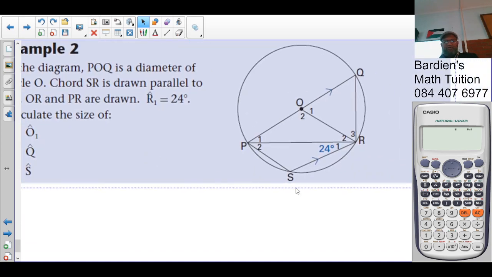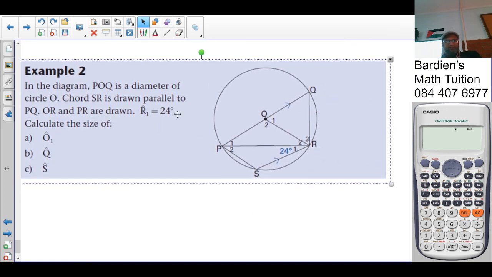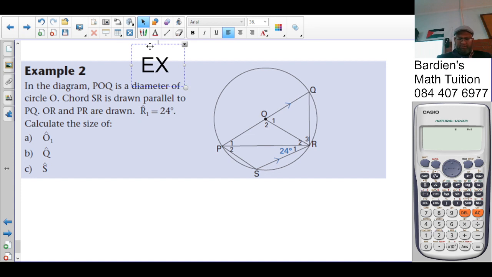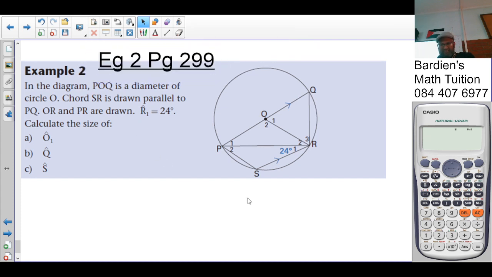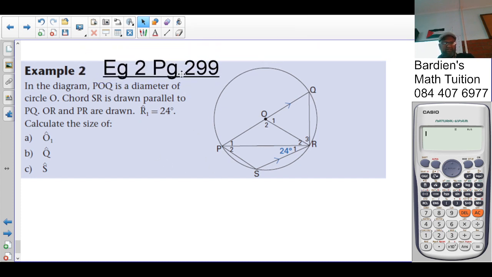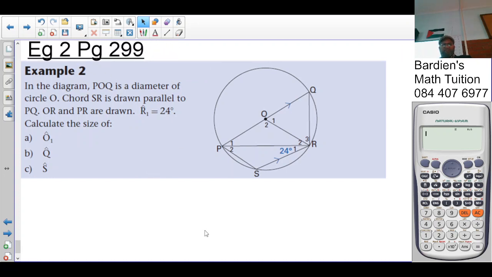Now we look at exercise 2 on page 299. Let's draw that with me.